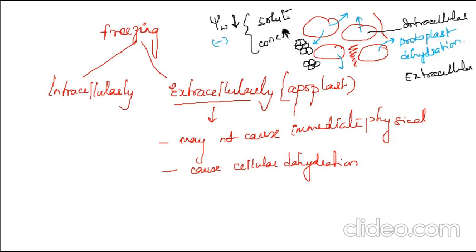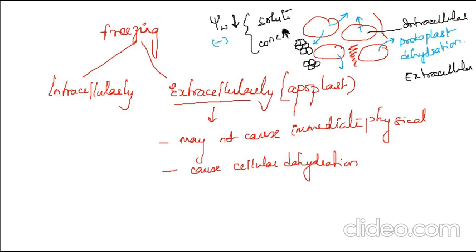So this leads to protoplast dehydration. Inside the cell we can say it's a symplastic pathway, and outside the cell it's an apoplastic pathway of movement. So here we observe a movement of water from the symplastic pathway to the apoplastic pathway. Clear? Now, there are some cells which we already discussed, like seeds and pollens, which are very less affected by ice crystal formation.